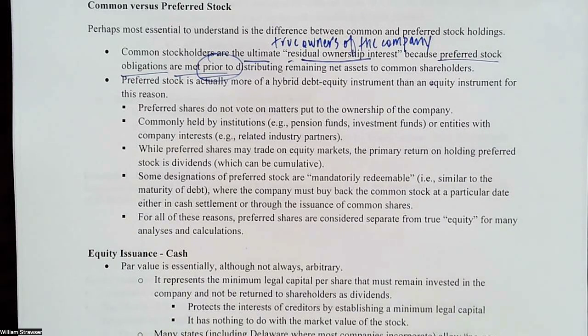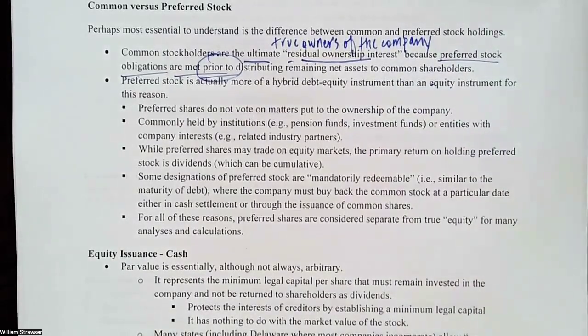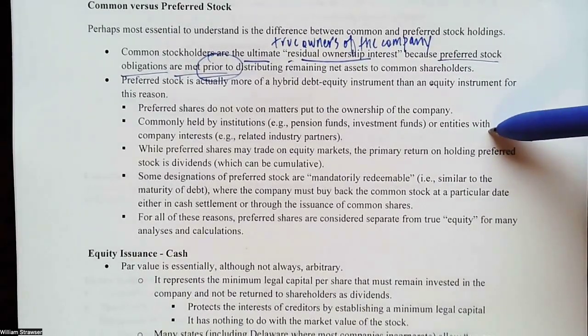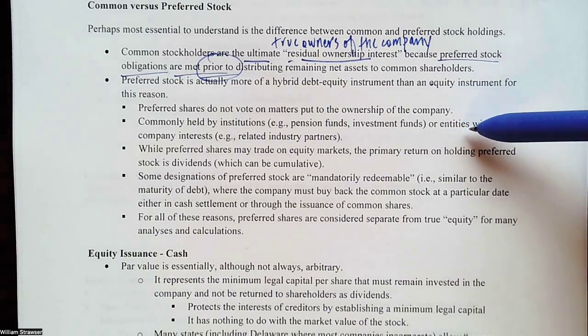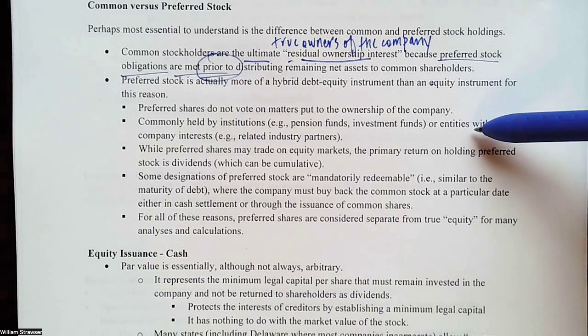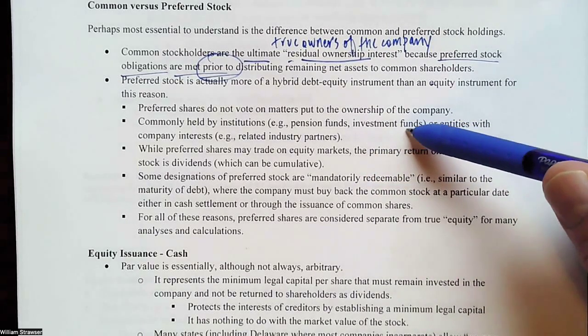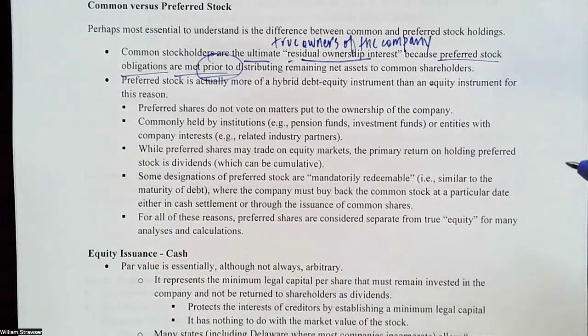That's not to say that pension funds and investment funds don't own common stock. They do. It's just that if we look at the typical person holding common versus holding preferred stock, the common person tends to hold common stock, while the person holding preferred stock tends to be some sort of institutional investor, not just an average Joe stock trader.